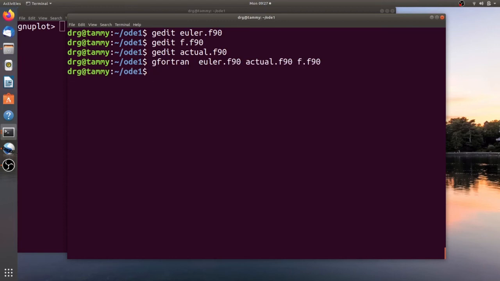In my program here, I've put all of my things in different files, just for variety. It tells me that it has created Euler, actual, and Euler error.